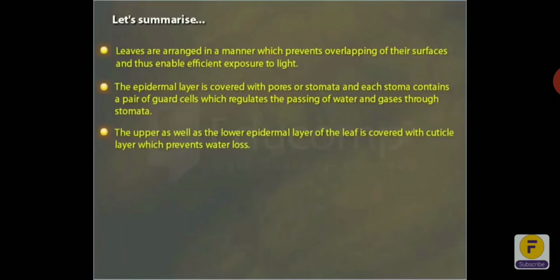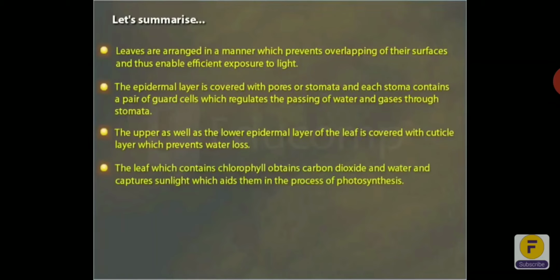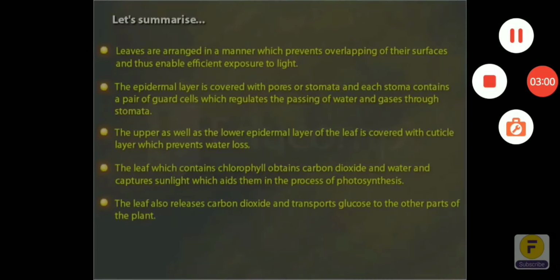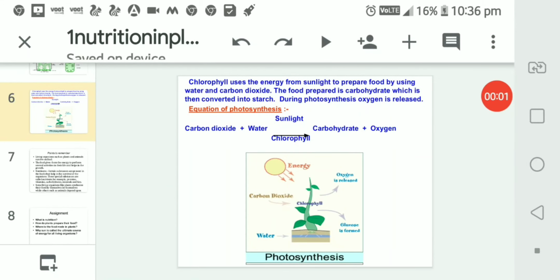The upper as well as the lower epidermal layer of the leaf is covered with cuticle layer which prevents water loss. The leaf, which contains chlorophyll, obtains carbon dioxide and water and captures sunlight, which aids them in the process of photosynthesis.